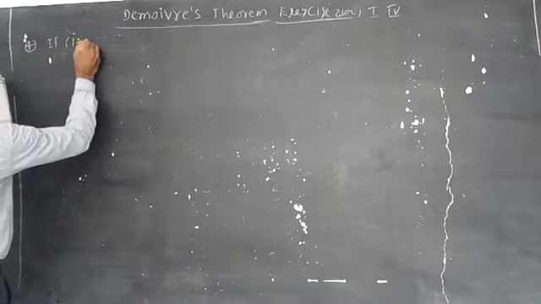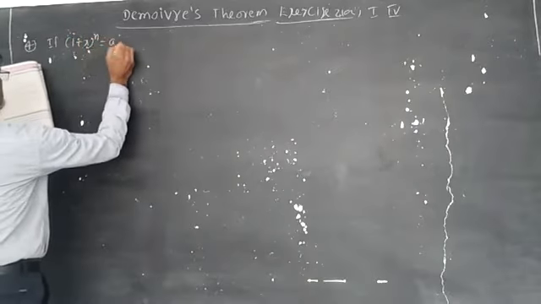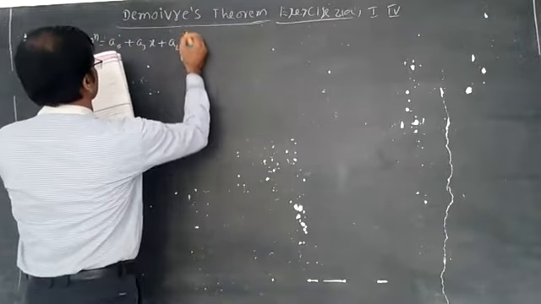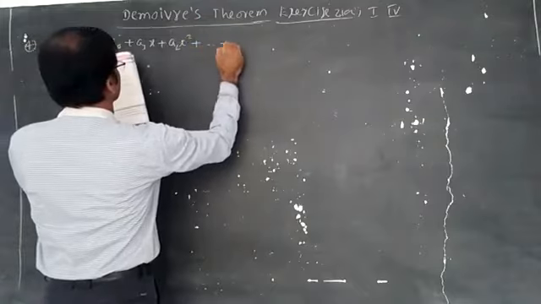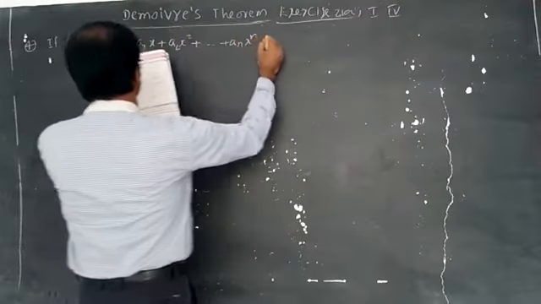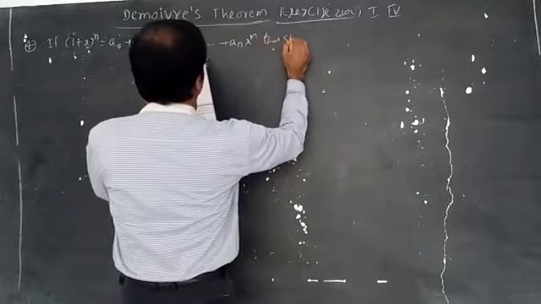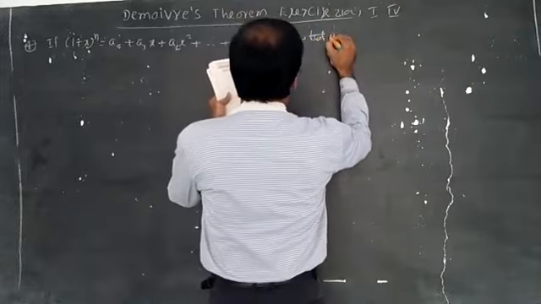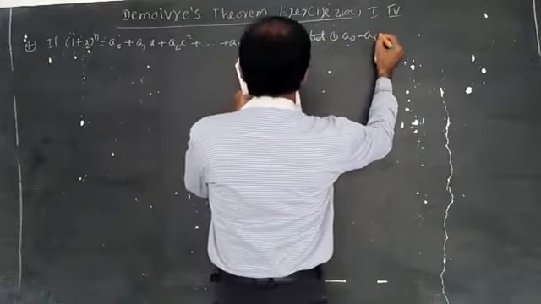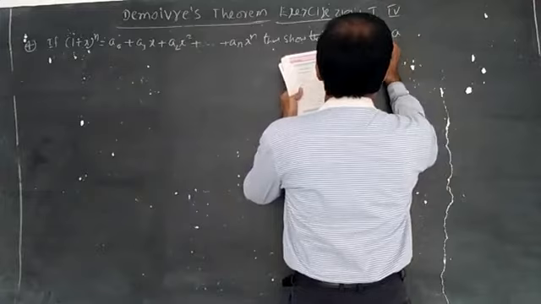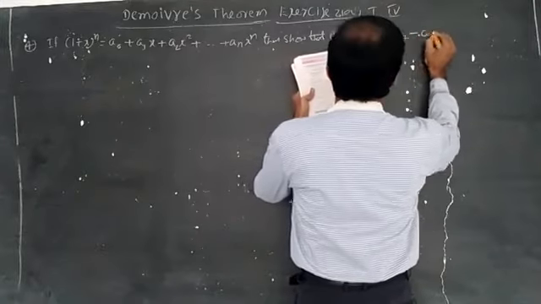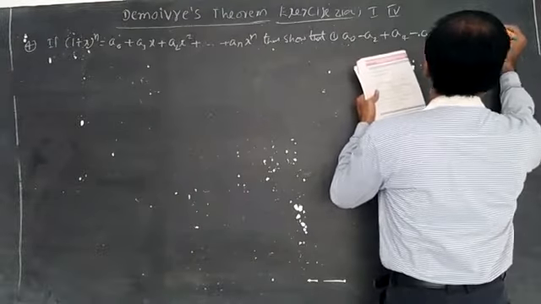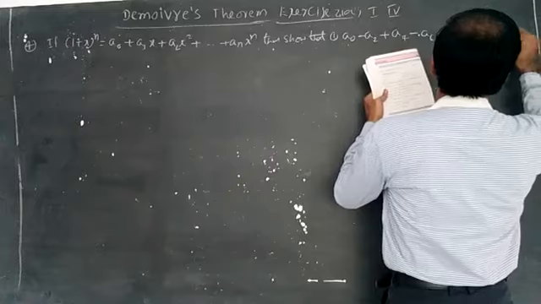If (1 plus x) whole power n is equal to a0 plus a1x plus a2x squared plus so on, an x power n, then show that first, a0 minus a2 plus a4 minus a6 plus so on is equal to 2 power n by 2 cos(n pi by 4).